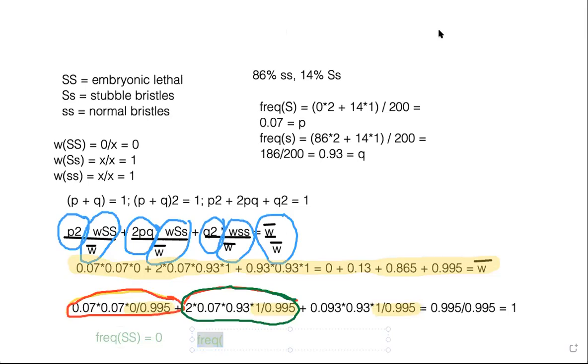You guys can't read that. Hang on. There. That should be slightly more legible.